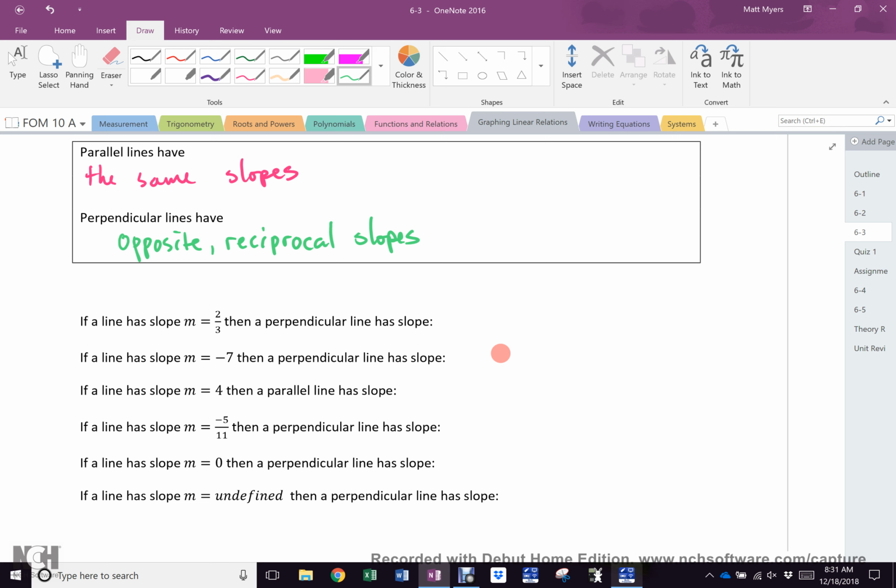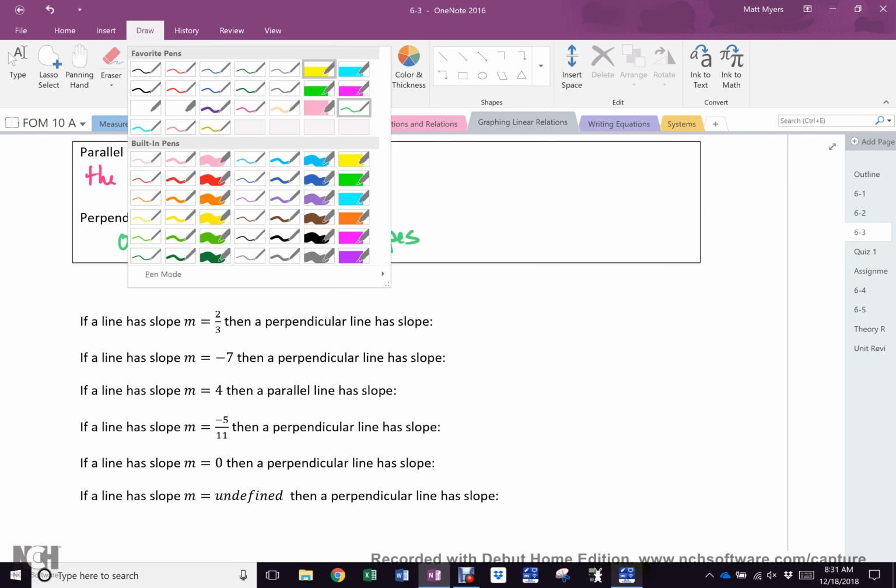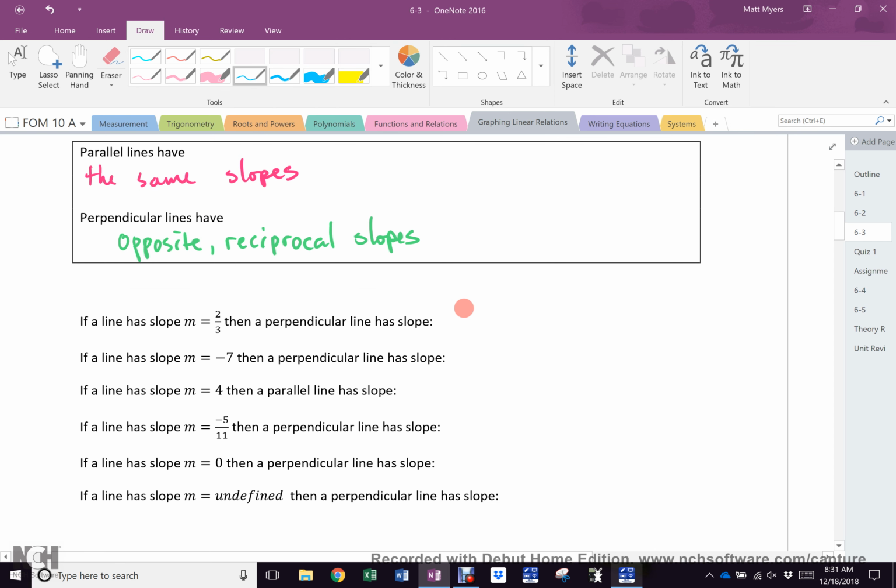All right, what's the first one? Kind of. Negative 3 over 2. What's the second one? 1/7. Positive. What's the third one? 4, because it's not perpendicular. It's parallel. What's 5? No, it's already negative.